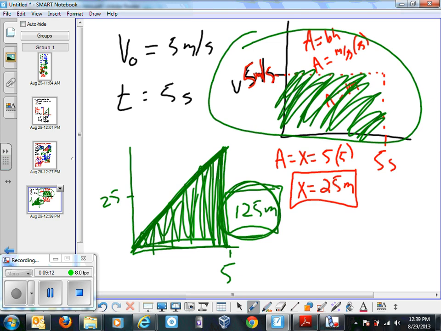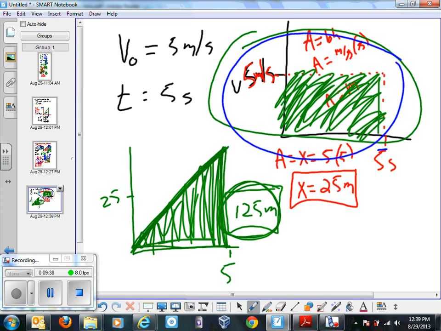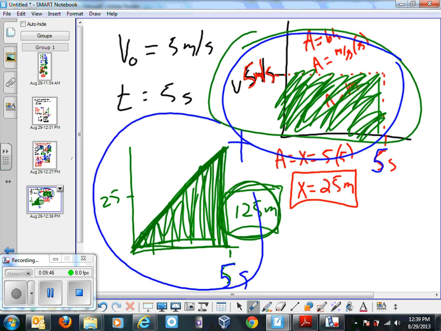It's probably not impossible, but I can't show you a way to put these two together on the same graph unless we superimpose them and figure out their areas independently. If you're going to find the overall displacement using the area under the curve, we would have to go with two separate graphs. One is just the initial velocity times the time. And notice this time is the same as this time. Then we have to add that area to the displacement that occurs according to the acceleration.